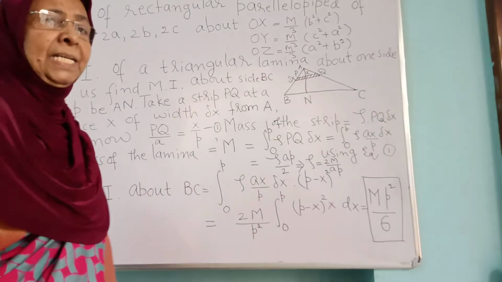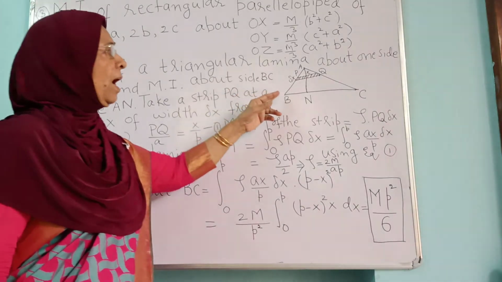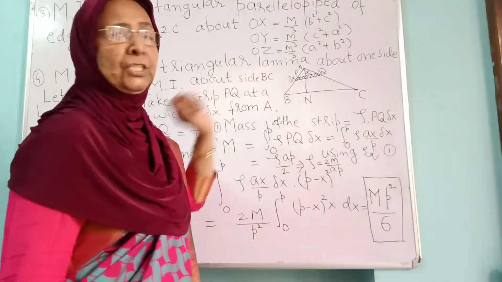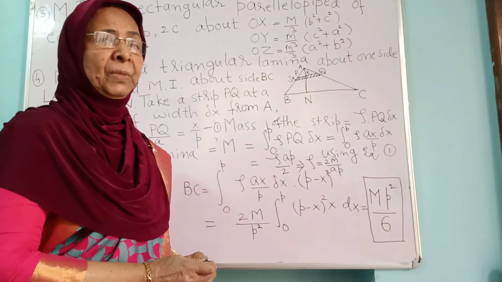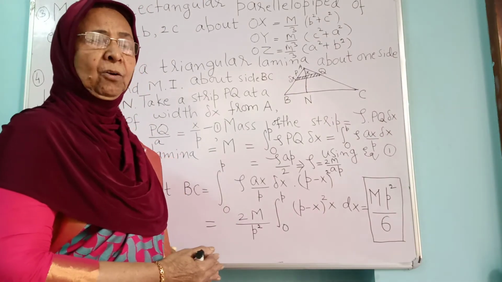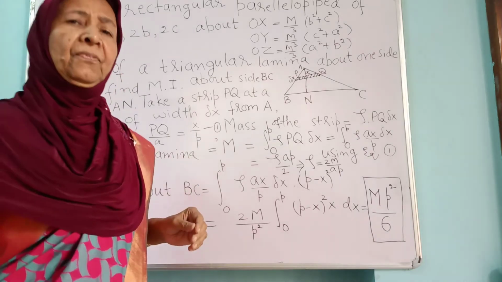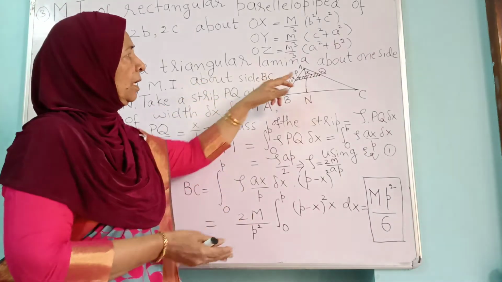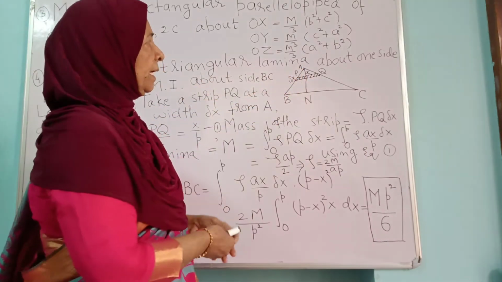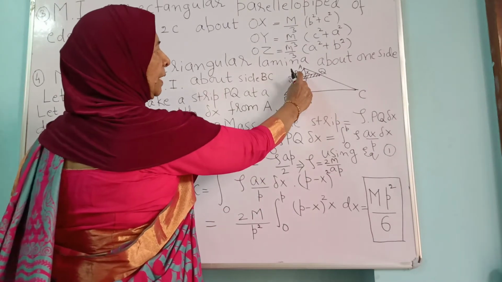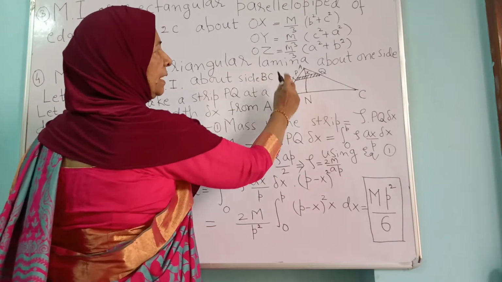Now you can see that when you are finding out the moment of inertia of this triangular lamina, it consists of a number of elementary strips placed close to each other. One such strip will be here, another strip will be here.